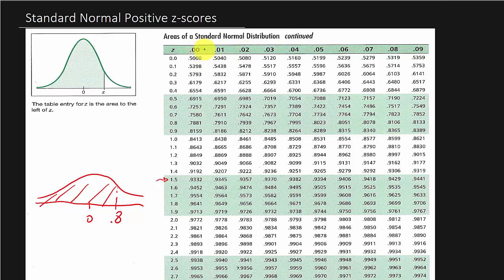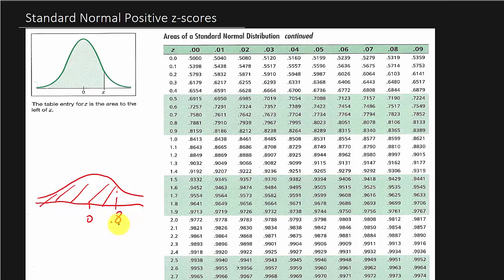What this row across the top does is give you the second decimal place. And like this one, this is 0.50, 0.51, 0.52. That's how you look it up. And there's another table, a second page with negative Z-scores on it. We'll look at that in the video also.